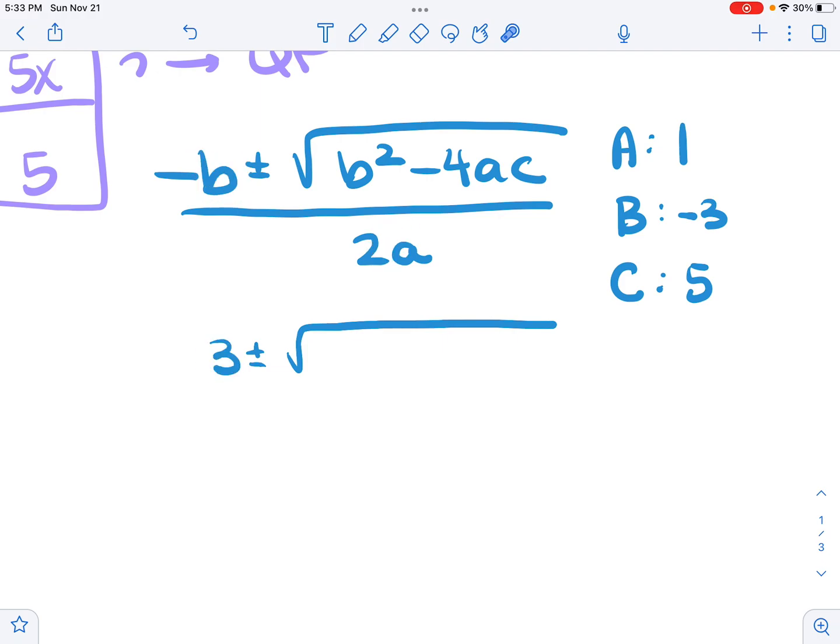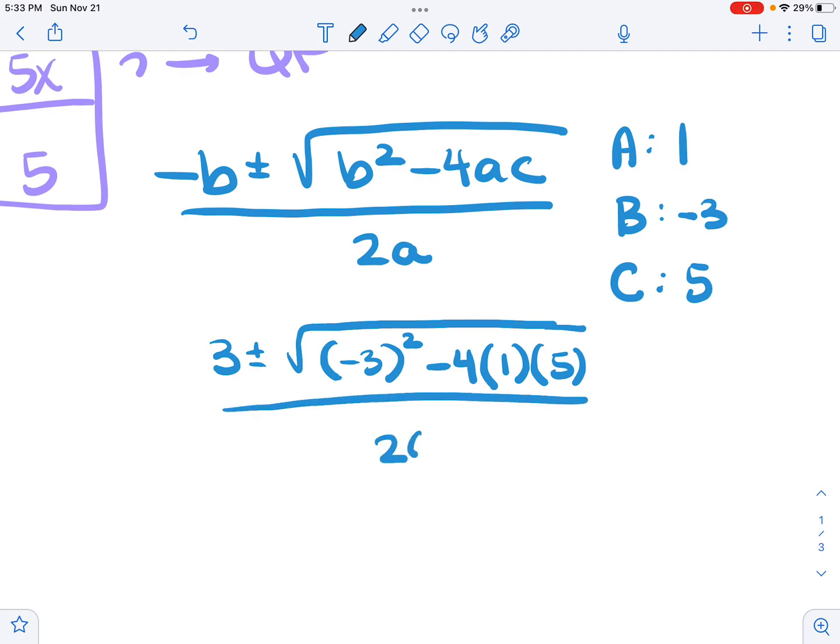So the only one I don't do a parenthesis with is here because it's already by itself. So now B, if you look at B, it's -3. Tiny 2 on the outside. So B squared minus 4A, replace A with 1. C, replace C with 5. All over 2A.